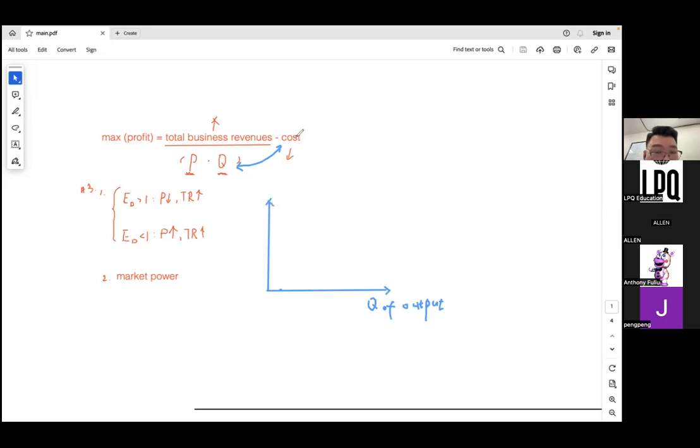Because we are talking about cost, the unit is a dollar sign, so I put a dollar sign here. ATC, cost per unit, later in our formal lecture will be called average total cost.